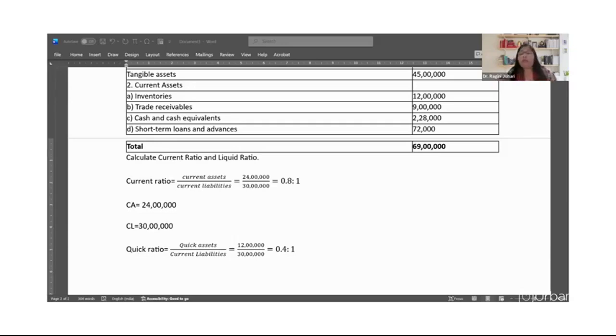Okay. Then we have total asset to debt ratio. And then we have interest coverage ratio. So we have these 4 ratios which we are going to study in this solvency ratios. Okay. So let's start with debt equity ratio.